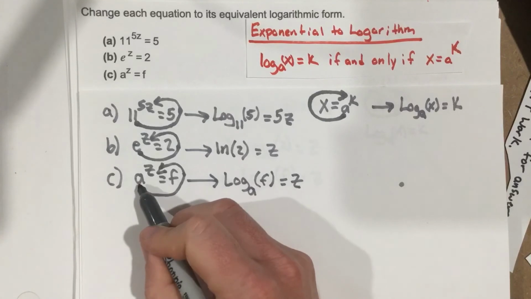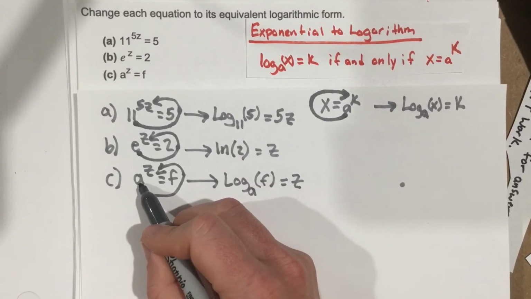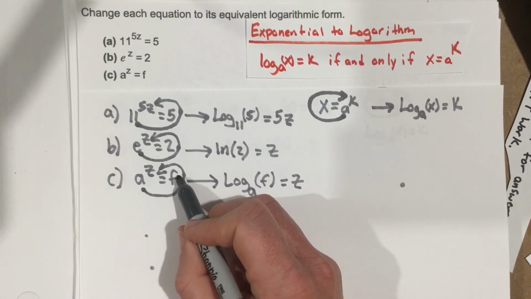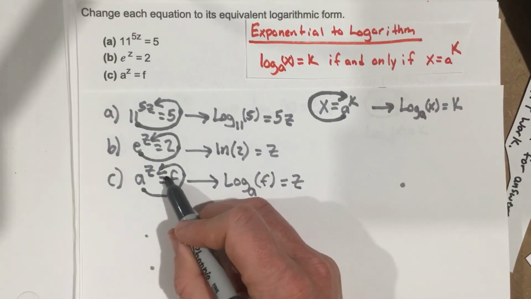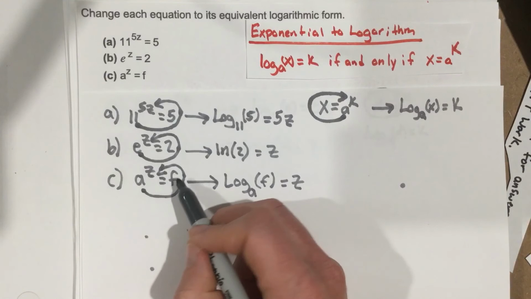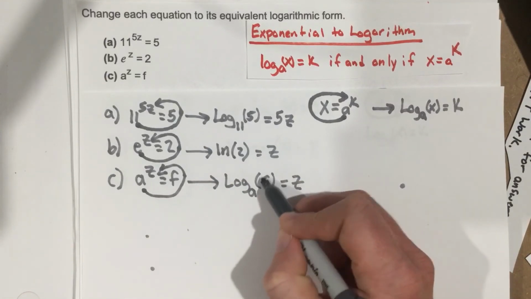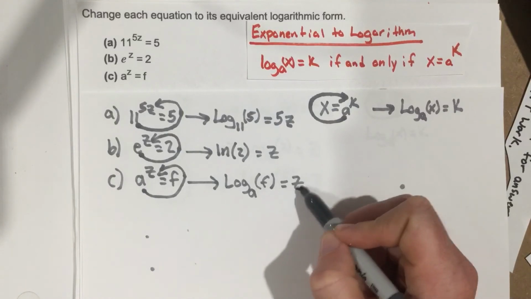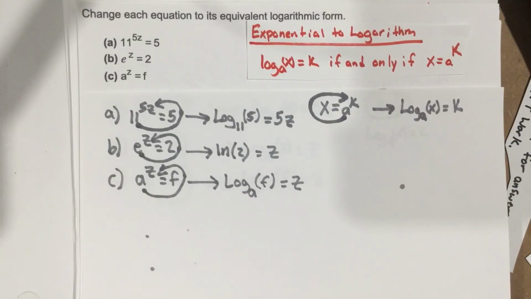So a is the base of the logarithm because that's the base of the exponent. F is going to be, or in this case, whatever this exponential equals is going to be inside the logarithm as an input. And then the logarithm always outputs the exponent. And that's how you write exponentials as logarithms.